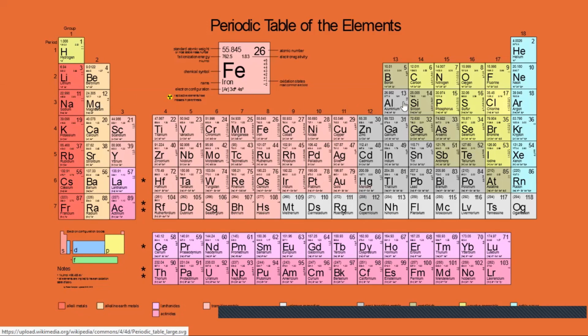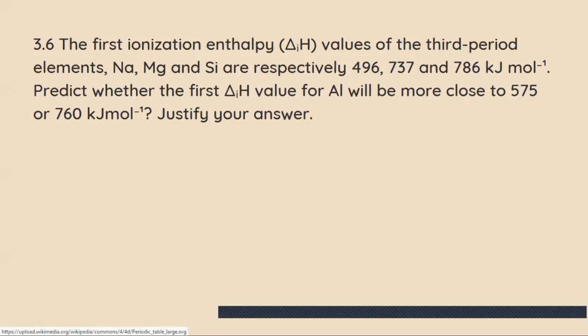Now, in the case of aluminium, the value will be closer to 575 because of the shielding of the nuclear charge by the 3s orbital, so 3p will not get enough. So the ionization enthalpy of aluminium will be closer to 575 than to 760 kilojoules per mole. Also, there's only one electron in the p shell, so it's easier to remove.